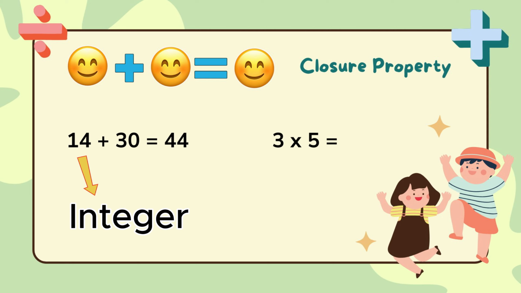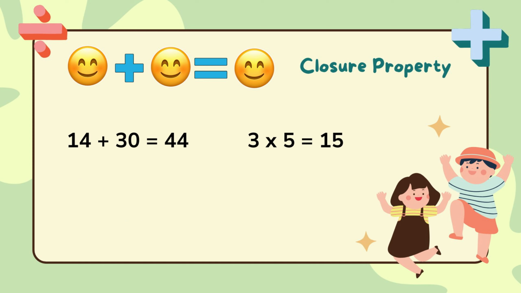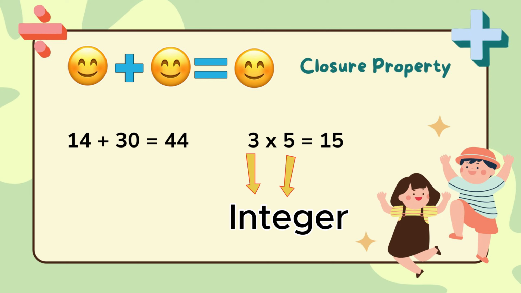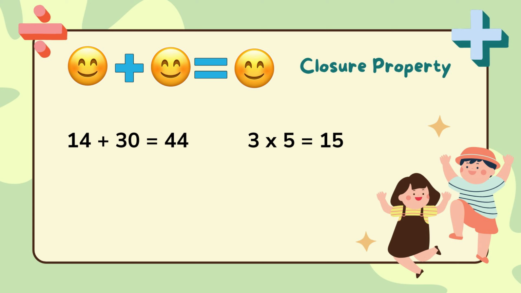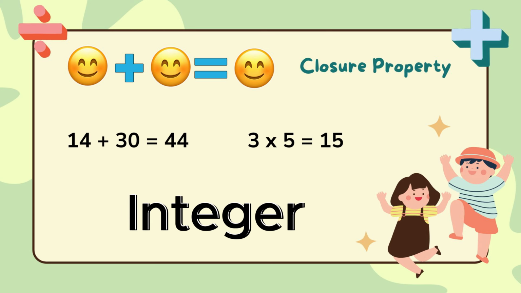We all know that 14 is an integer, 30 is an integer, and the result, or the sum, is an integer. For multiplication, 3 times 5 is equal to 15. 3 is an integer, 5 is an integer, and also 15 is an integer. Therefore, even when we add, multiply, or subtract, the result is also an integer.